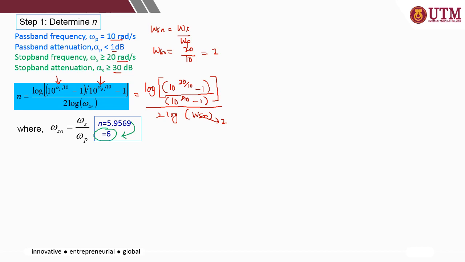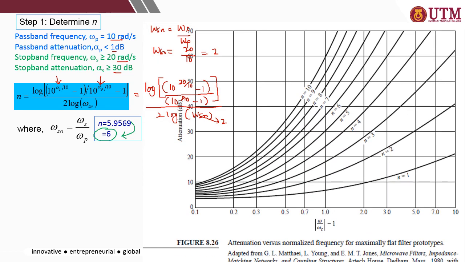Okay, let's look at how to use the graph. Please make sure you use the correct graph. In this case it's Butterworth, so make sure you use the maximally flat filter response, the attenuation graph. Then you need to refer to the x-axis, where omega represents omega s over omega c minus 1.